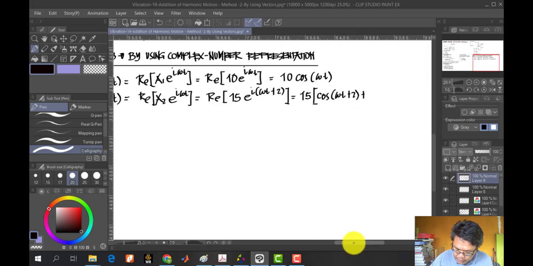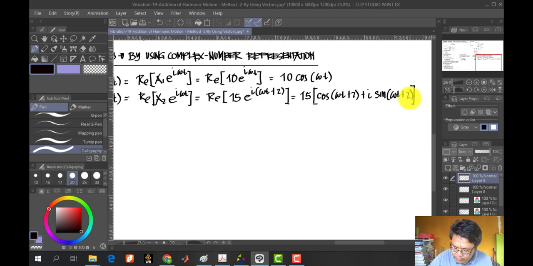the imaginary part, which is sine. So this is sine multiplied by the angular velocity times time plus 2.